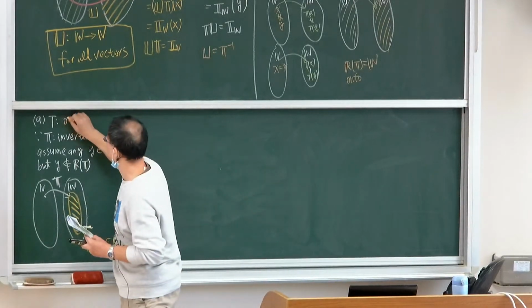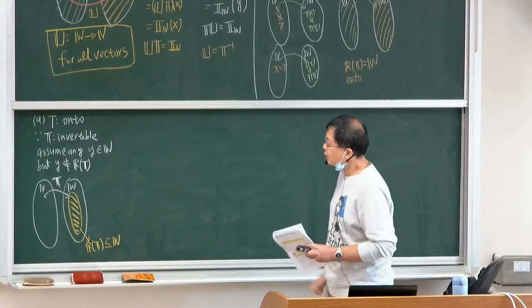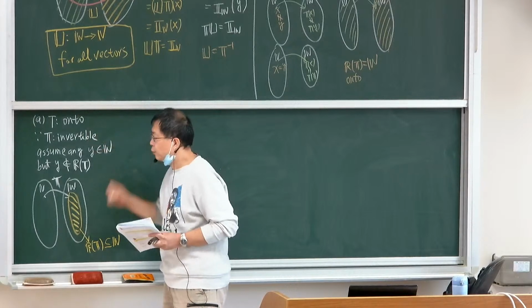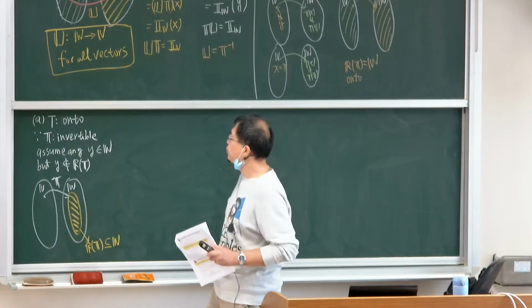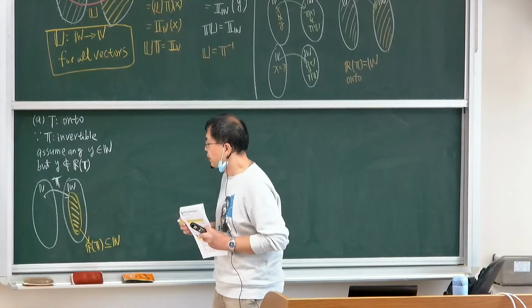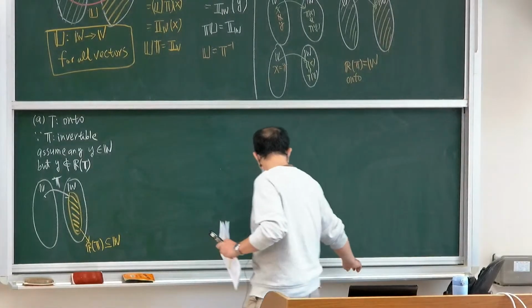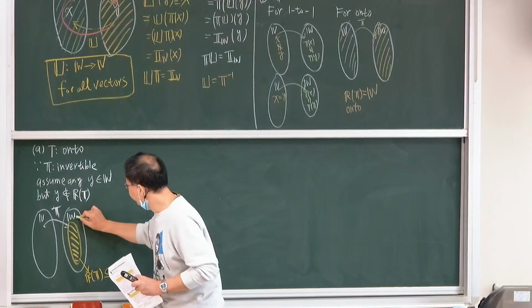Okay, follow my note here. If we want to prove on to first, then we assume that any vector y belongs to vector space W, but y is not in the range of T. So we may say that y is here.